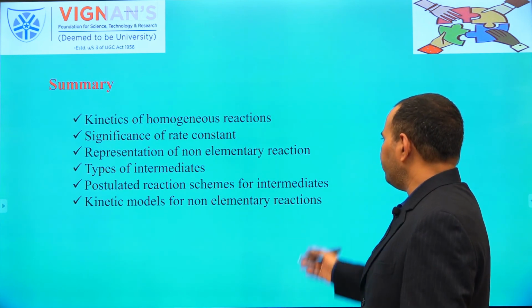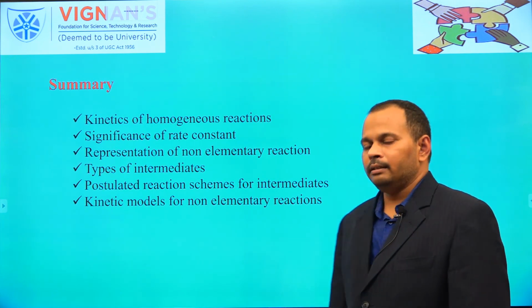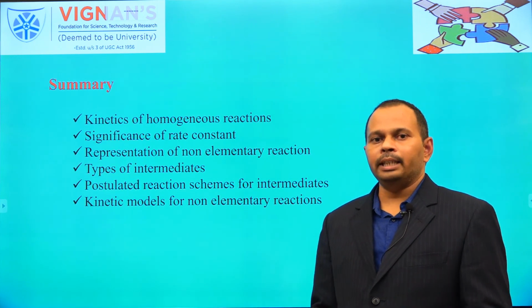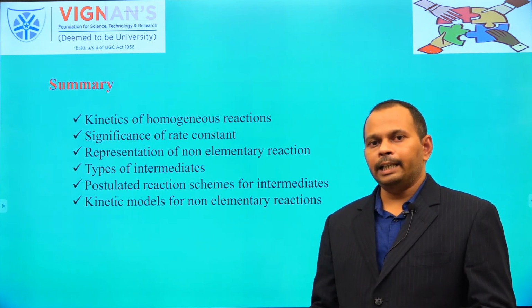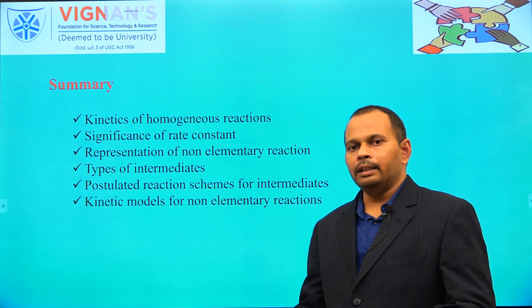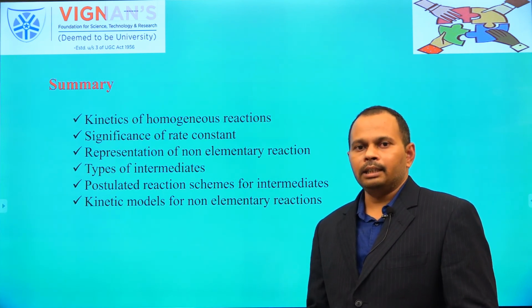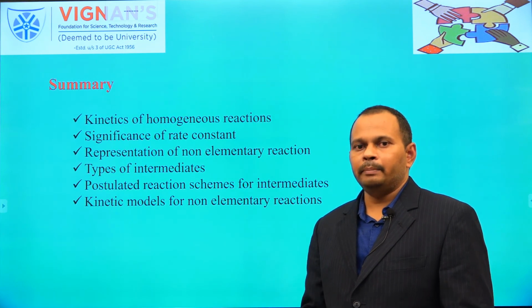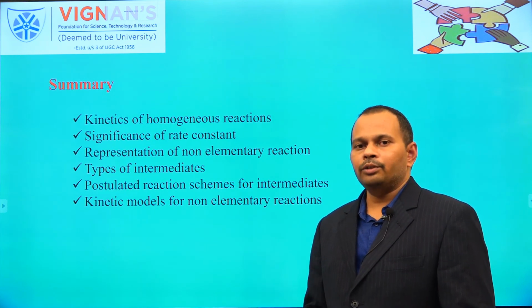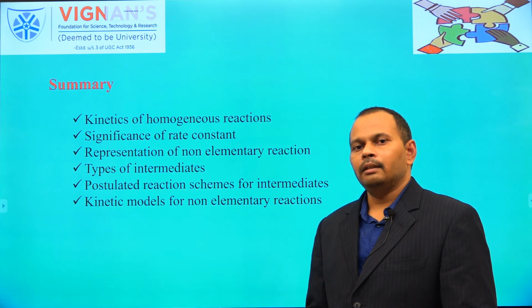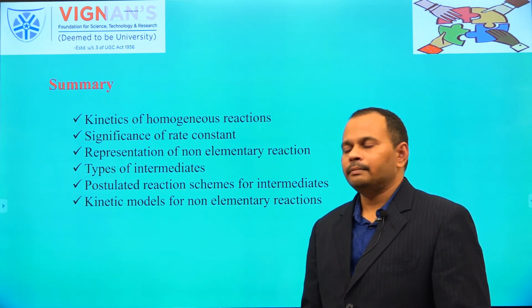And then, kinetic models for representation of non-elementary reactions. For a non-elementary reaction, after assuming the reaction mechanism, we need to write the rate for the individual steps. After combining all the rates and doing certain mathematical manipulation, if the rate we get from the assumed mechanism matches the experimental rate, our assumed reaction mechanism is correct. Otherwise, we need to assume some other mechanism and test it.